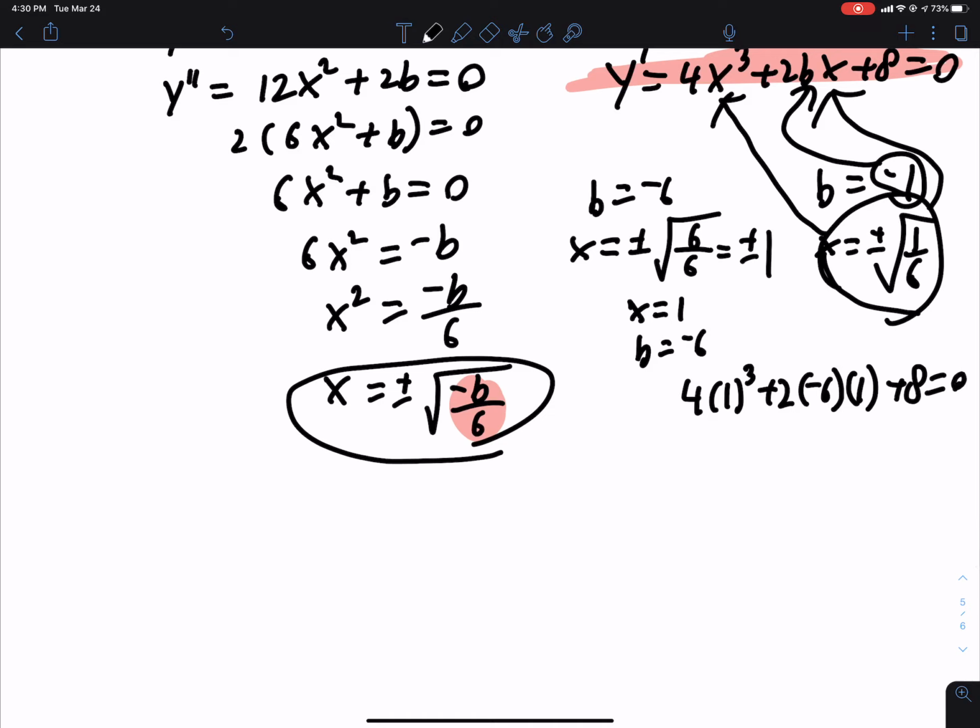So 4 minus 12 plus 8. Oops, I said 8 at first, but that's 12. 6 times 2 is 12.